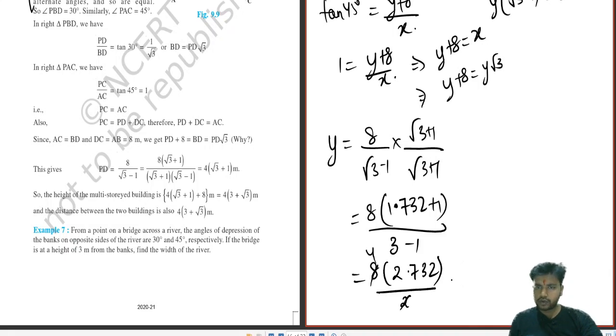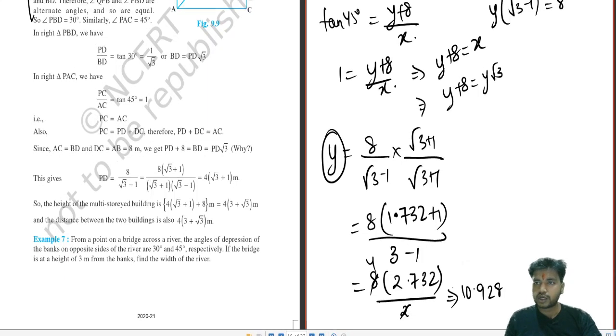So, this is 4 into 2.732. Wait a second, 1.732 into 4 will be 6.928, and plus 4, so 10.928. Okay. Now we have found the value of y.